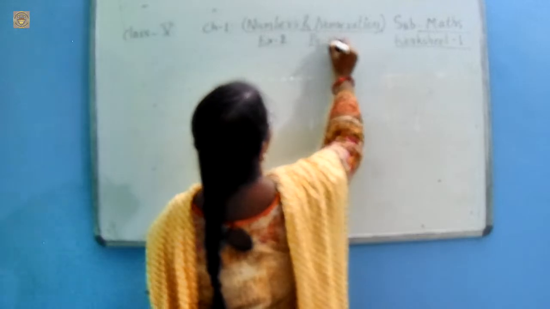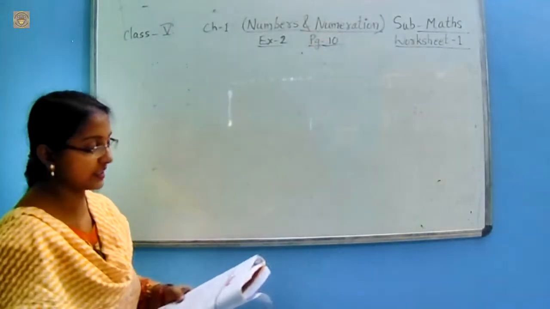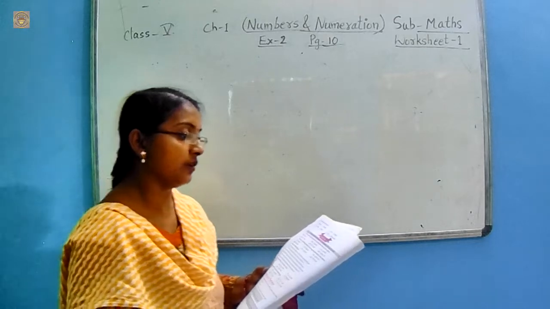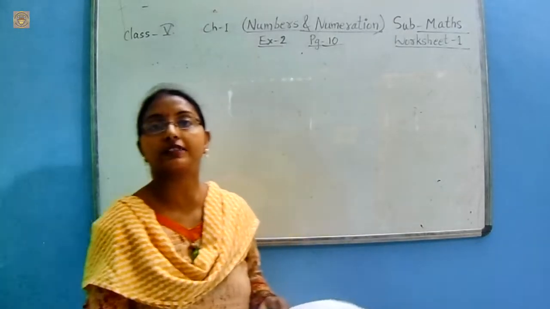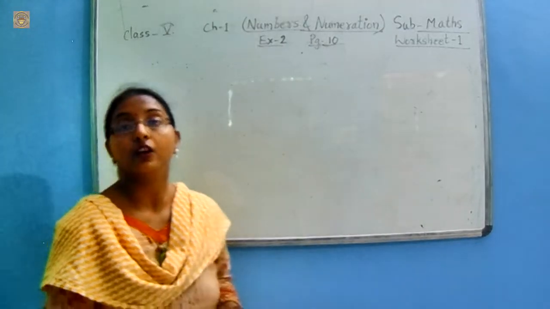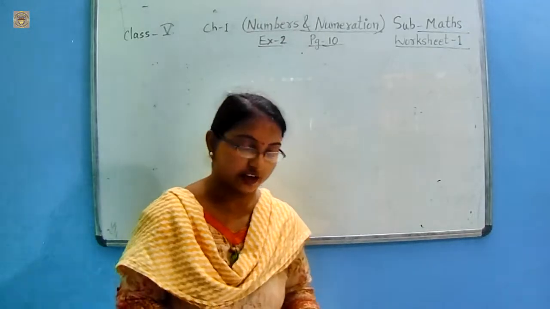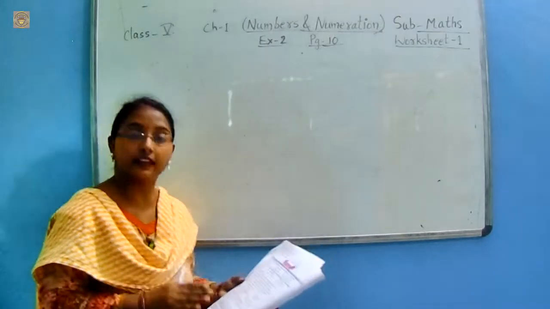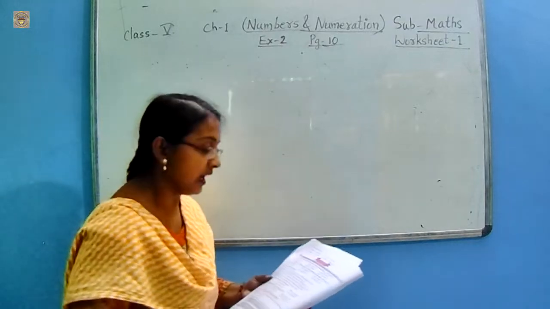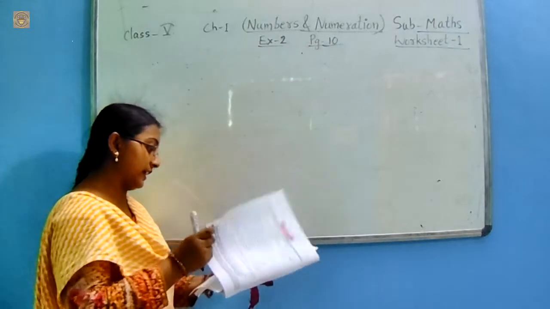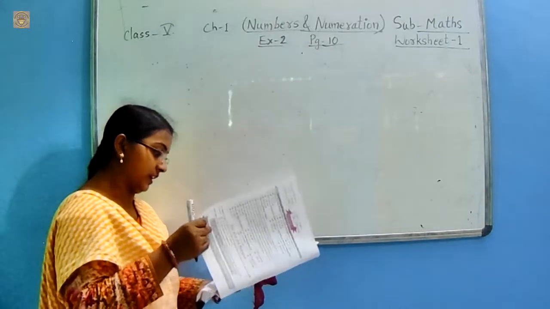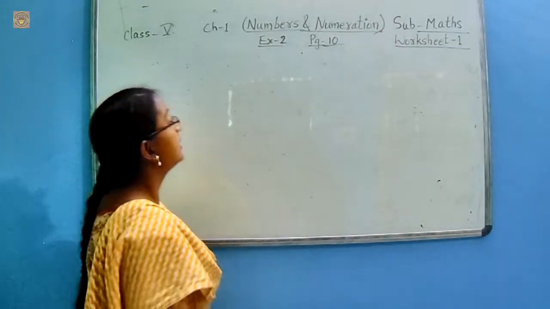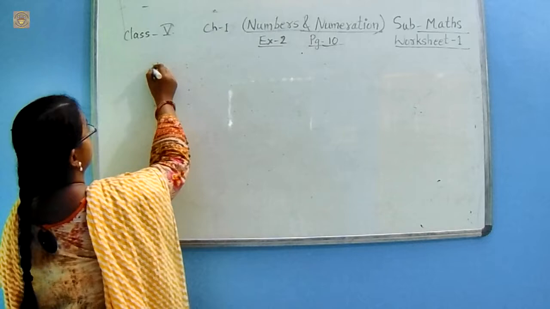Question number 1: write each of the following numbers in words using the Indian place value system. At first, look at your book, page number 7. The chart is given there for the Indian place value system, and also for the international place value system on page number 8. You should follow the two charts.